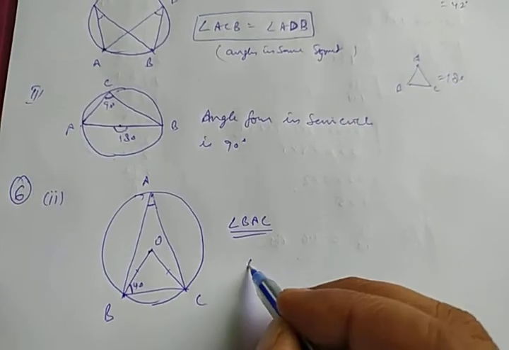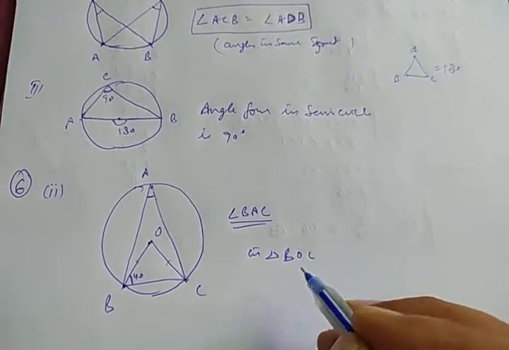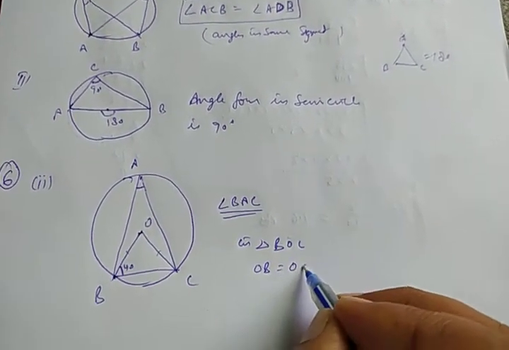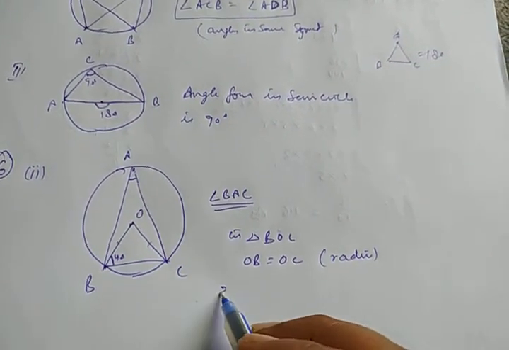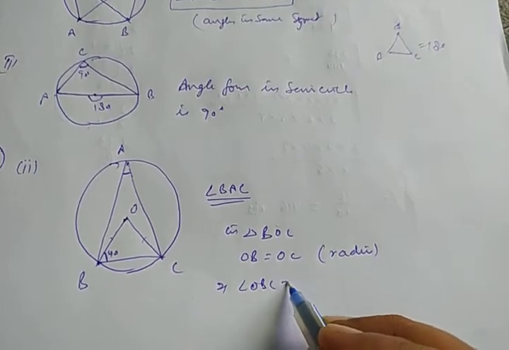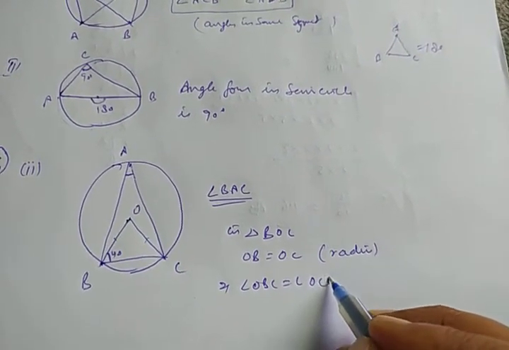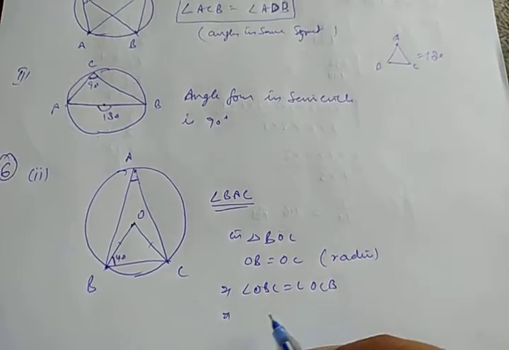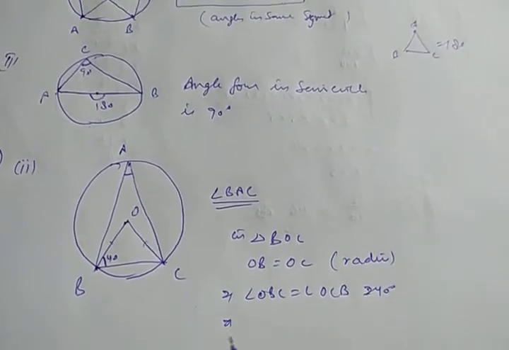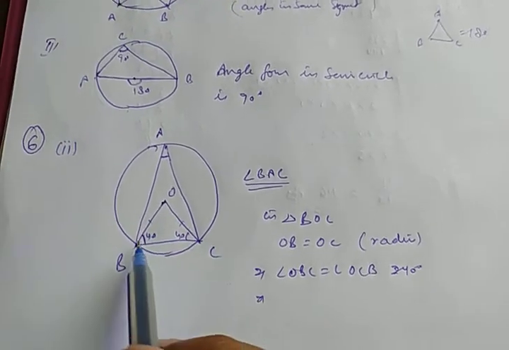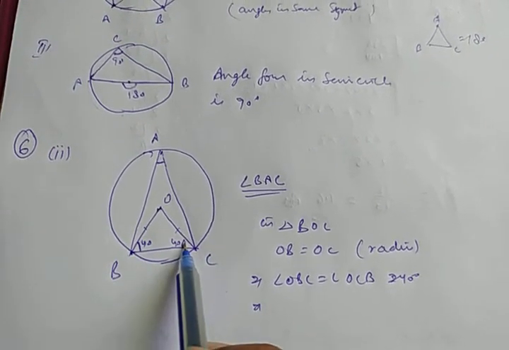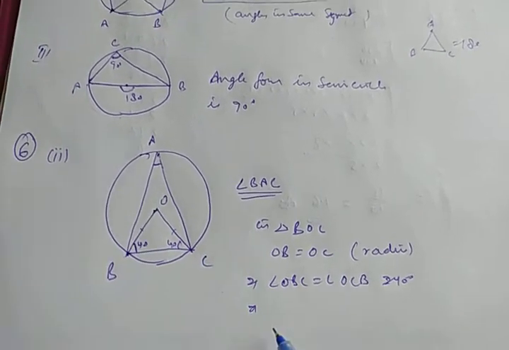In triangle BOC, OB is equal to OC, radii of the circle. This implies angle OBC is equal to angle OCB, means 40 degree. It means this conclusion comes, these two angles are 40 degree. Now when two angles of a triangle you have come to know, you can calculate this angle.